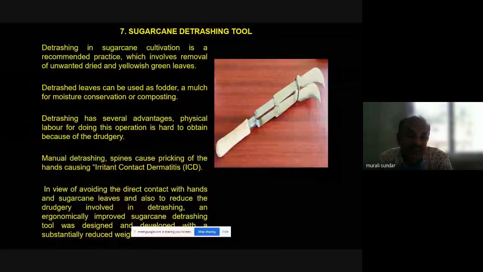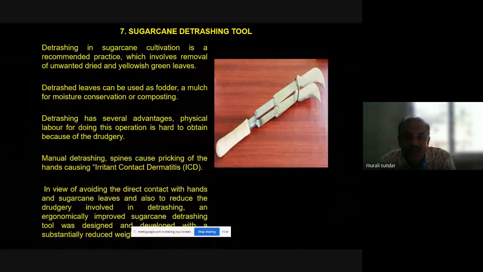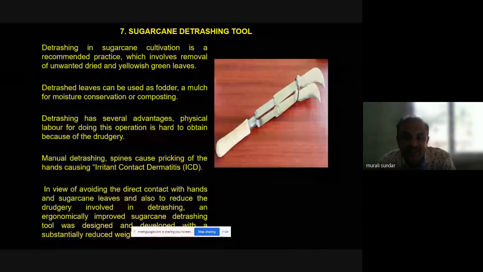So to avoid that, we have developed a dethrashing tool. It is very cheap, less than 500 rupees, but they can effectively use and operate it on 0.75 to 1 acre per day per person. This technology also we have licensed to 2 firms.